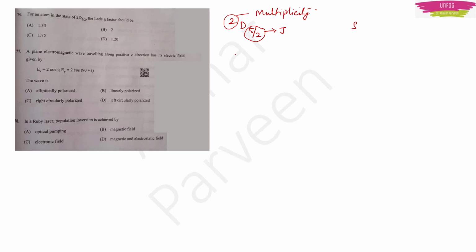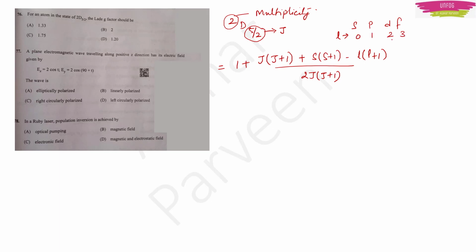And see, actually how we find this Landé g factor is, this is equal to 1 plus j into j plus 1 plus s into s plus 1 minus l into l plus 1, by 2j into j plus 1. Now in this we need L, right? S, P, D, F. So for L, this is 0, 1, 2, 3. So our L will be 2.